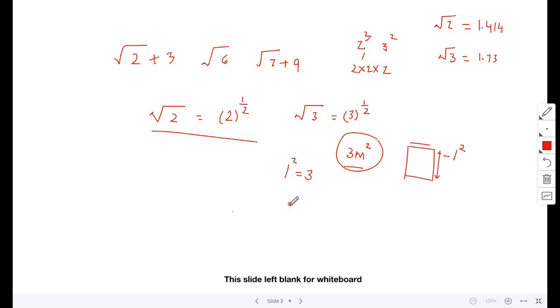It's root 3. If you want to calculate the length, we take root on both sides and we'll get root 3. And the value of root 3 is 1.73. So the length of one side of the square is 1.73 meters. Is this clear?